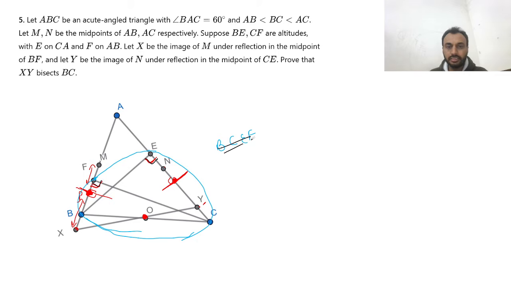So BCEF is a cyclic quadrilateral and BC is a diameter. Yes or no? So we can say BCEF lies on a circle with BC as the diameter because the angles at F and E made by BC are 90 degrees.